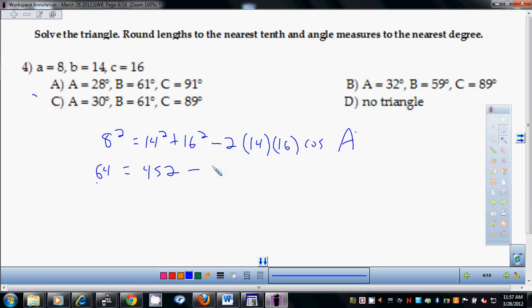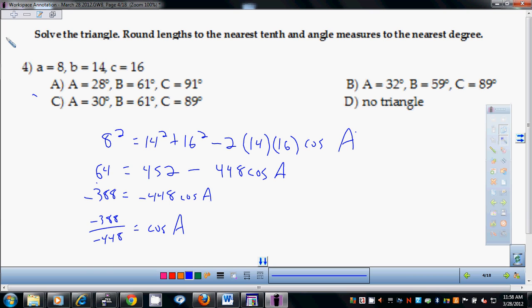No. No. Otherwise this would have been right. No, I did this last question. And then you take cosine inverse.